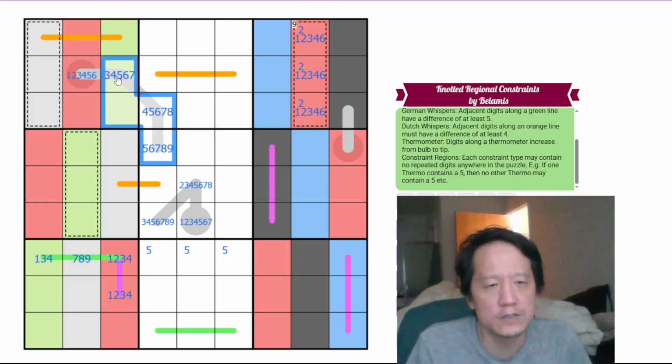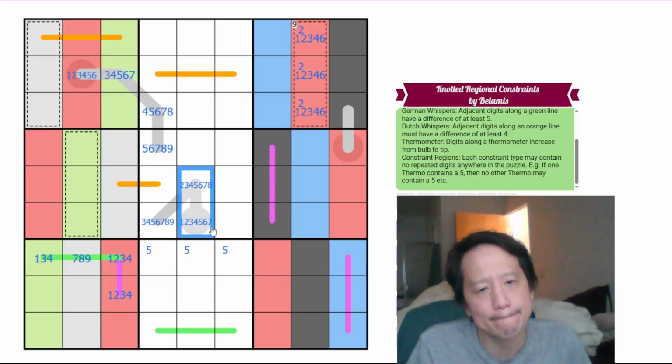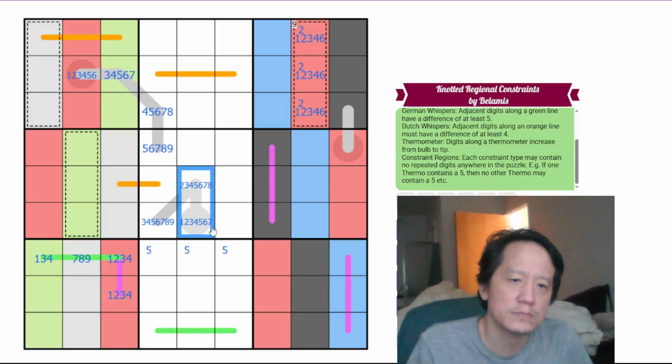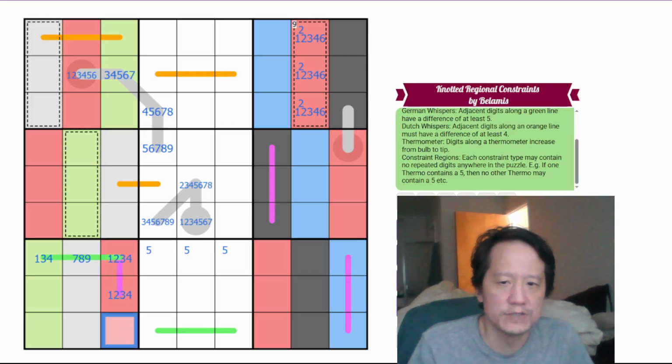Let's see. So the 2 can be either here, here, or here. But that doesn't really tell us much. So this is either 1, 2, and this is 6.